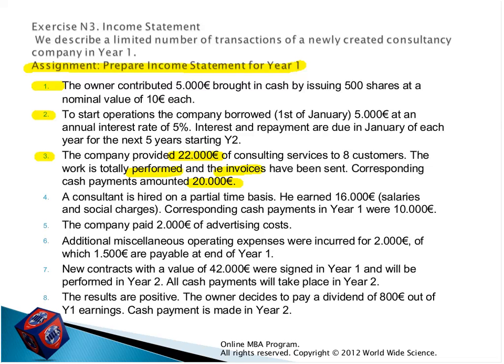That means his consulting service has already been used by the customer. So anyway, he would receive the payments for that, which is called the revenue. But at the moment, he has received only 20,000 euro.